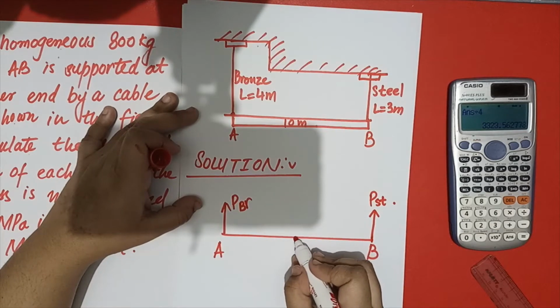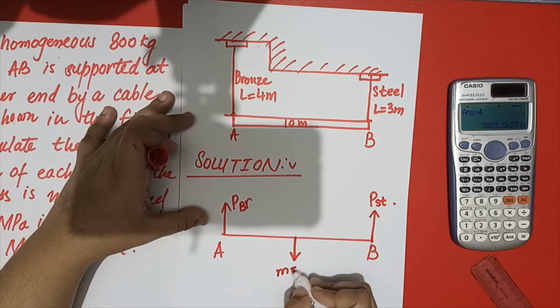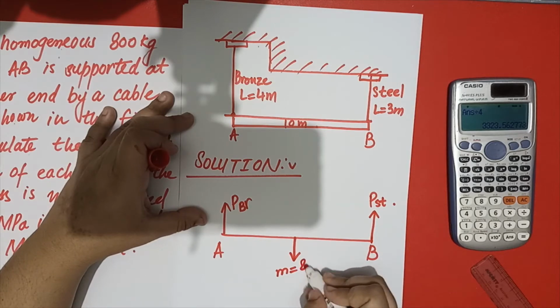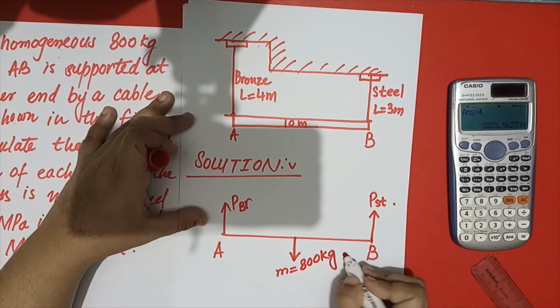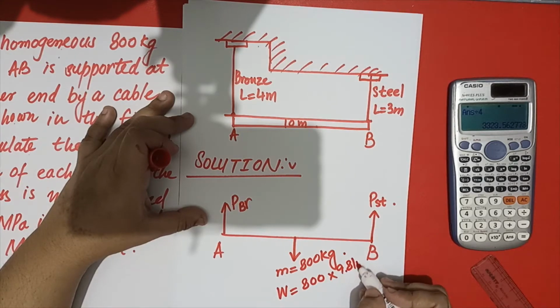And there must be the weight at the center. The mass of this homogeneous bar AB is 800 kg, so we have to convert it into weight: 800 into 9.81, gravity in meter per second square.